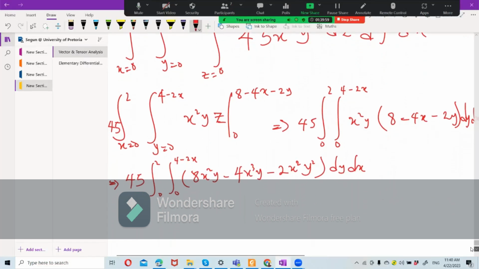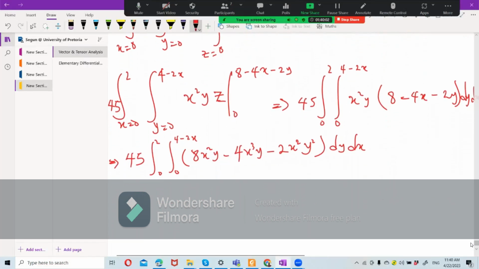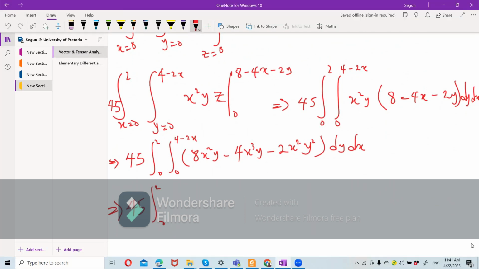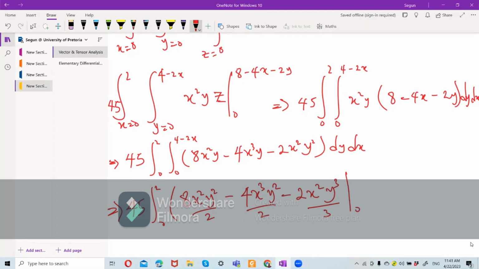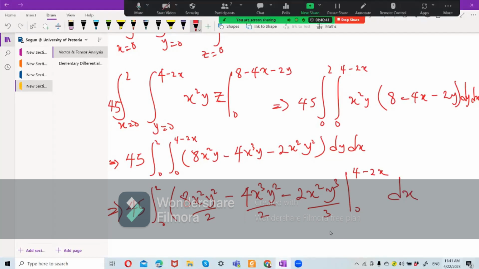Anything you want to integrate now, you are integrating with respect to y. Don't forget. So we have 8x squared y squared over 2 minus 4x cubed y squared over 2 minus 2x squared y cubed over 3. The limit 0 to 4 minus 2x, dx. How many of us got the same thing?